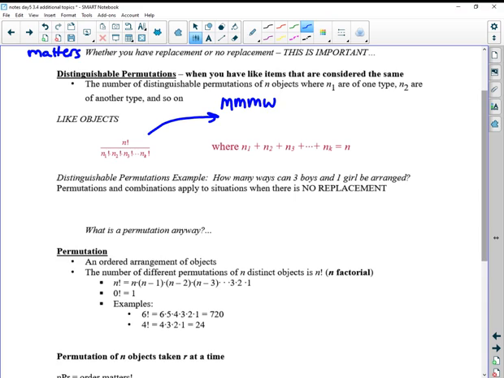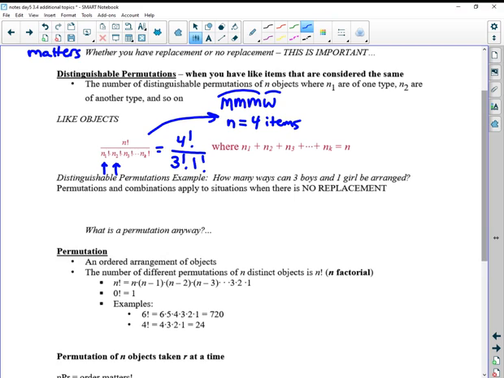So we were picking 4 items, and we saw that 3 of them were men and 1 of them was a woman. So I can put that into this formula right here with my 4 factorial over my first group being the men, 3 factorial, and then I only have 1 more group, and that's 1 factorial.